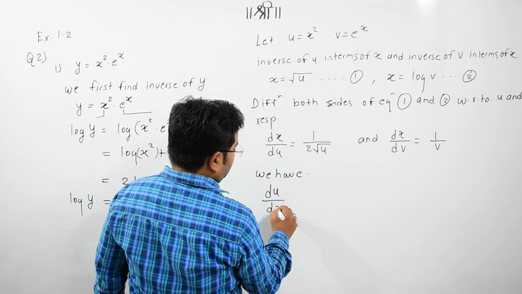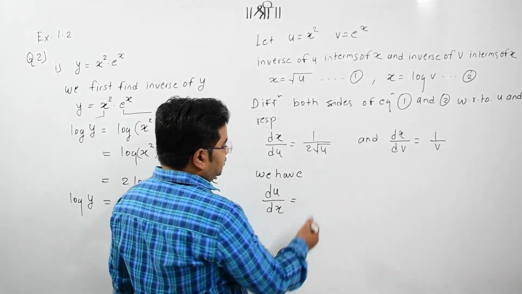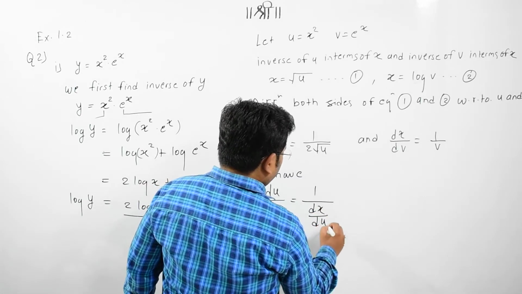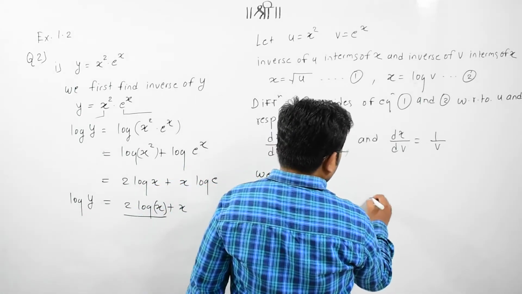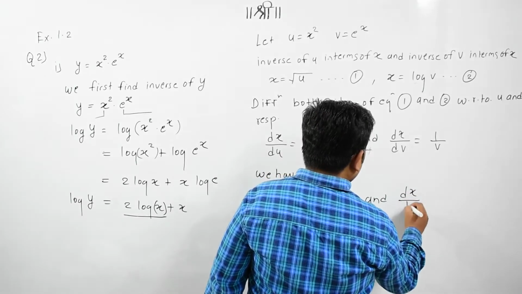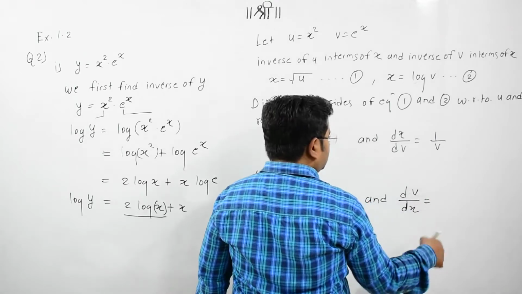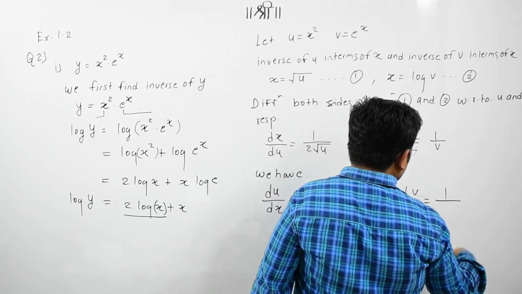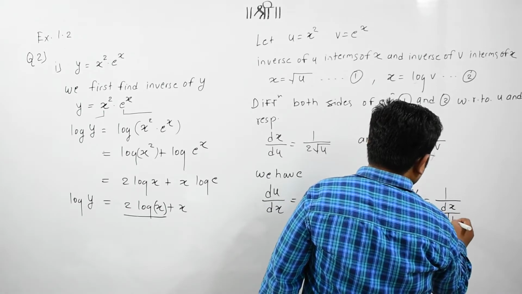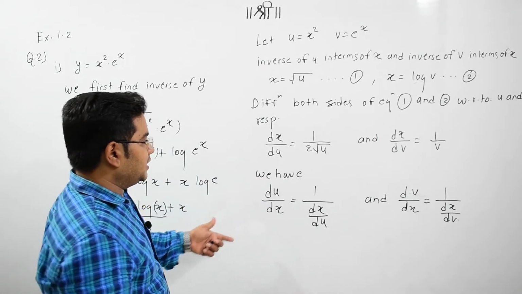We have du upon dx is equal to 1 upon dx upon du, and dv upon dx is equal to 1 upon dx upon dv. Now we can substitute the values directly and we will get the answer.